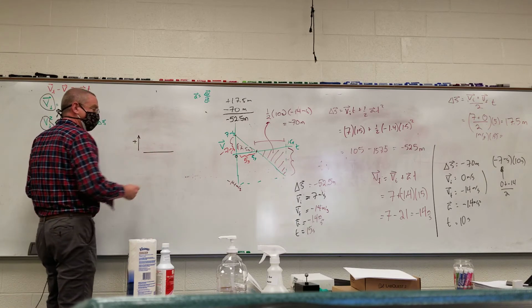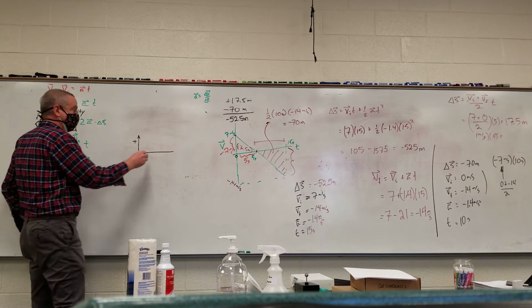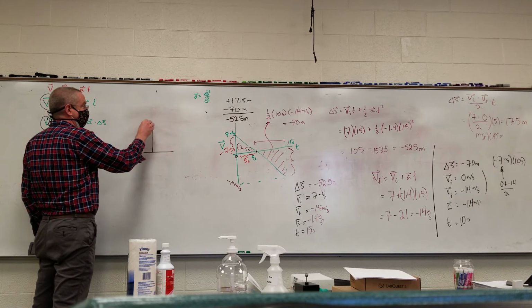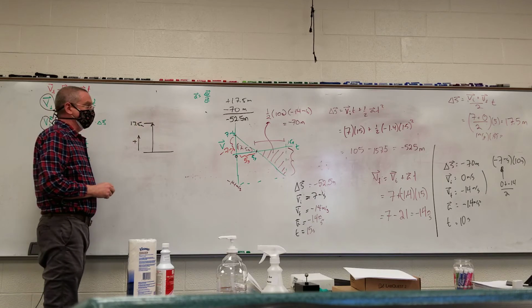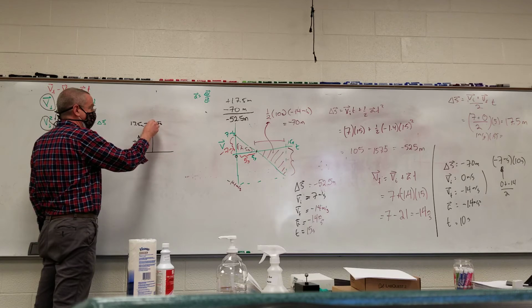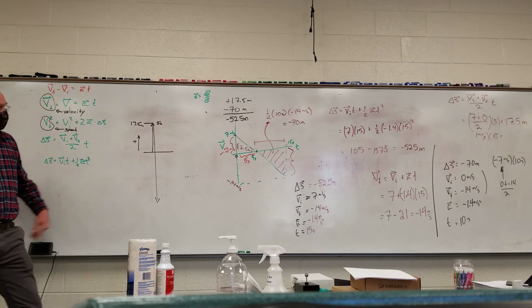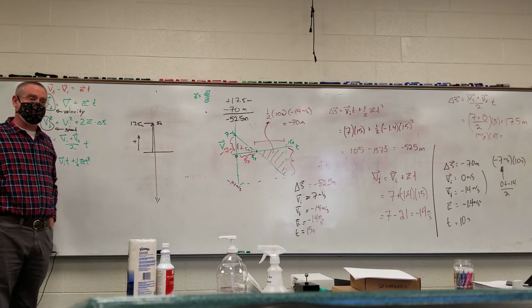An object starts somewhere, because that's what objects do, they start somewhere. It starts out going in the positive direction, 17.5 meters. At 5 seconds, it stops and starts moving in the opposite direction. So after 5 seconds, my velocity is negative, which means that it's traveling in the negative direction at that point.